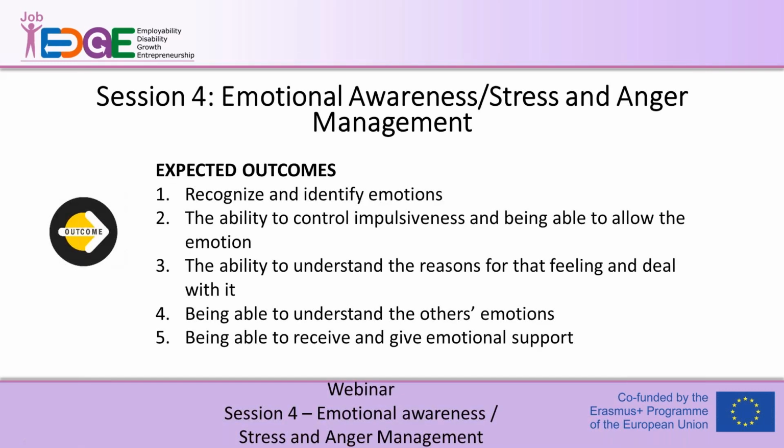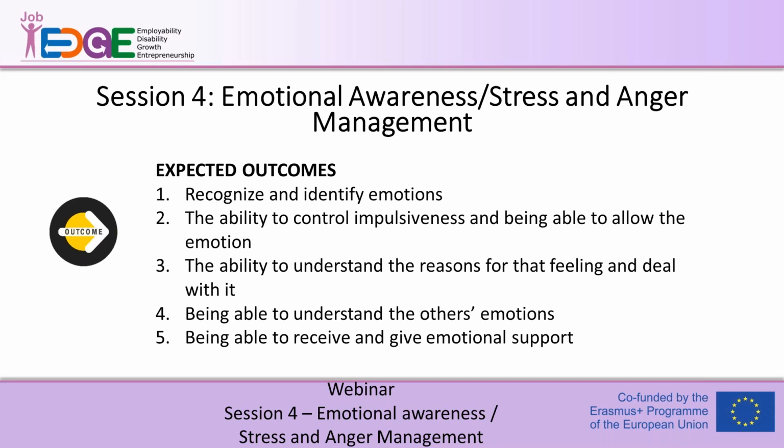The expected outcomes of this training session are 5. In particular, the first is to recognize and identify emotions. The second one is the ability to control impulsiveness and being able to allow the emotion.